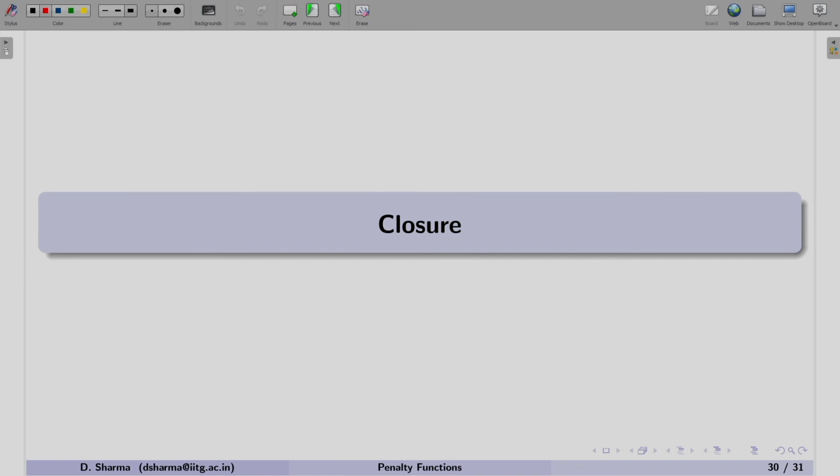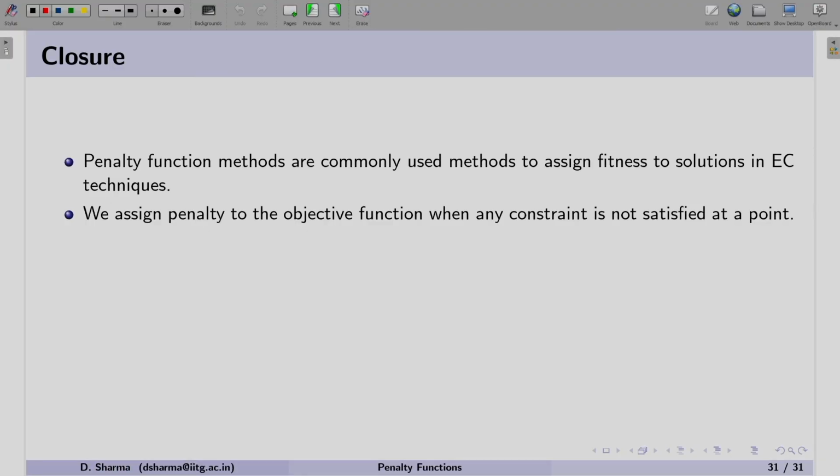So, with this we have come to the closure of this particular session. What we found is that these penalty function methods are commonly used for handling constraints with EC techniques. When we use a penalty function method, we can assign a fitness to a solution.